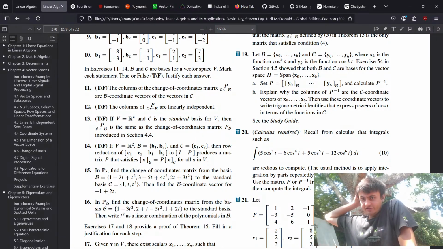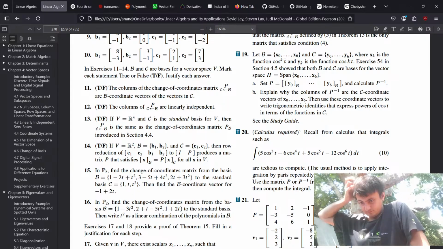So now our change of basis matrix is P inverse, right?